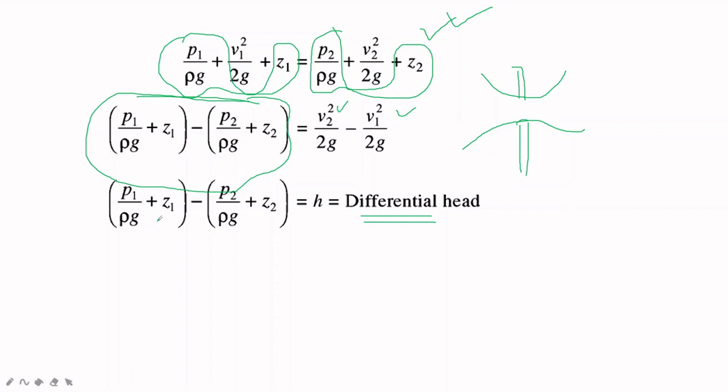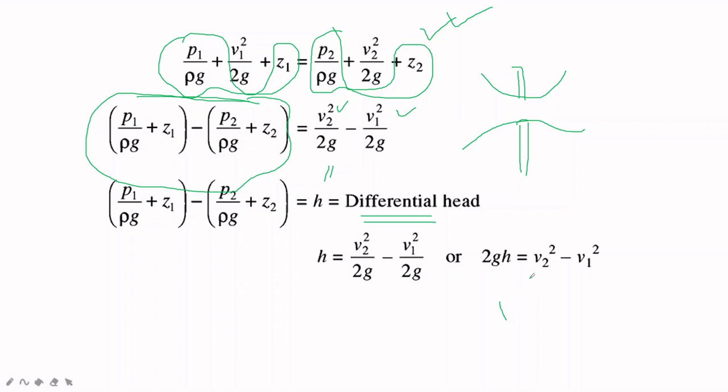So P1 by rho g plus Z1 minus P2 by rho g plus Z2 is equal to the differential head. So H is equal to V2 square by 2g minus V1 square by 2g. Then we transfer the 2g to the other side, that is 2gh is equal to V2 square minus V1 square.